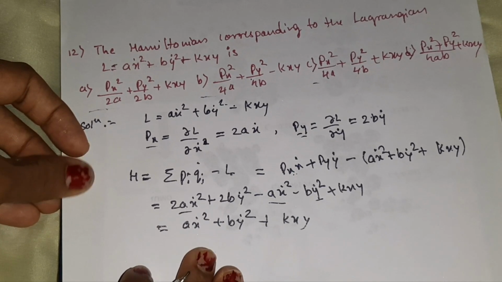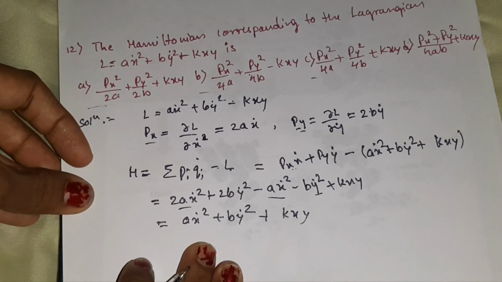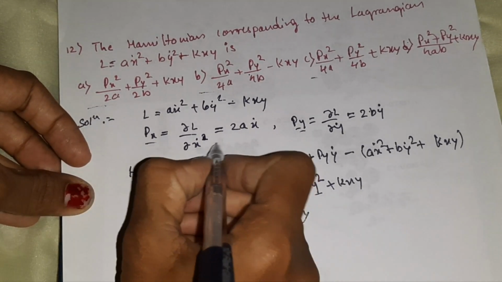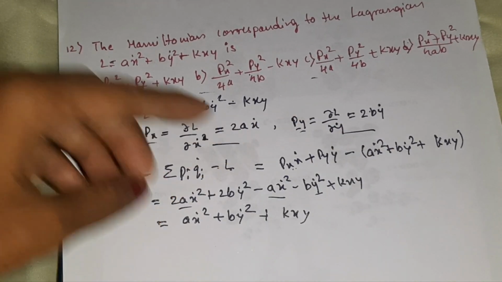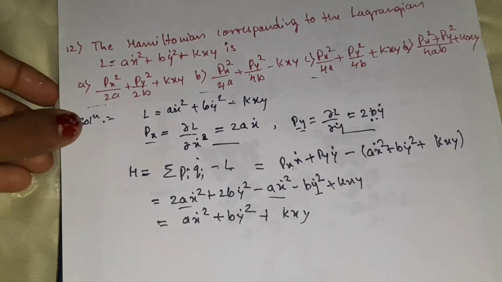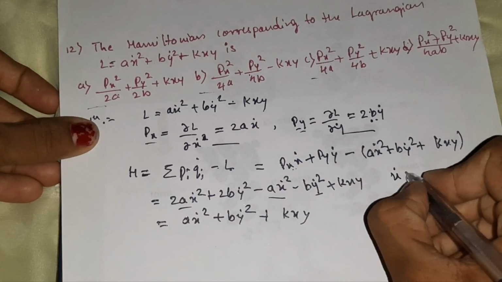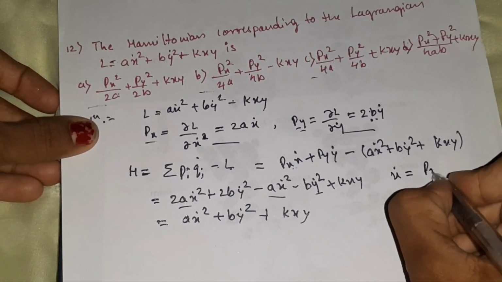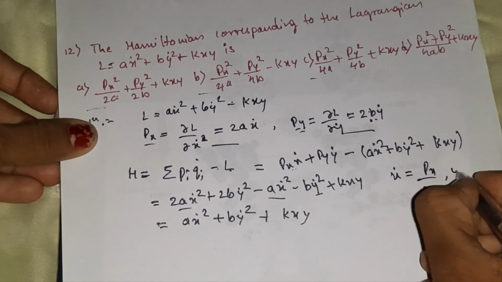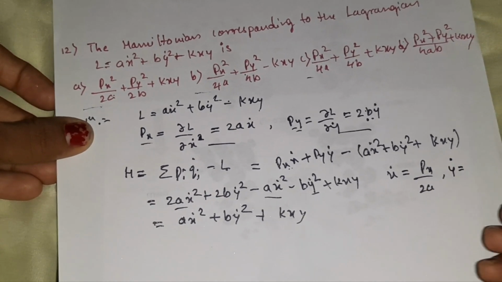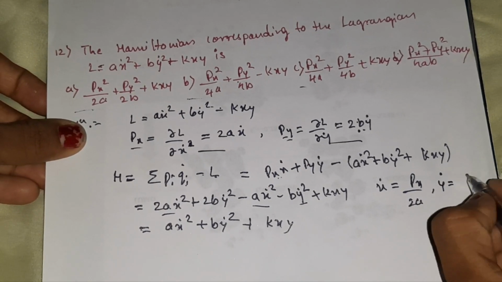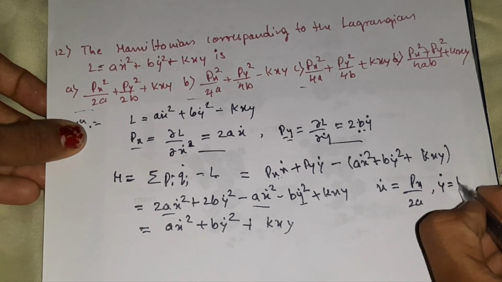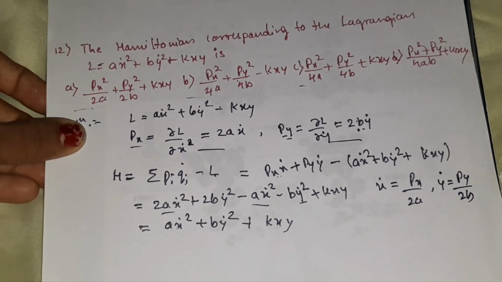Here if we write x dot from these two equations, 2a x dot and 2b y dot, x dot is px by 2a and y dot is py by 2b.